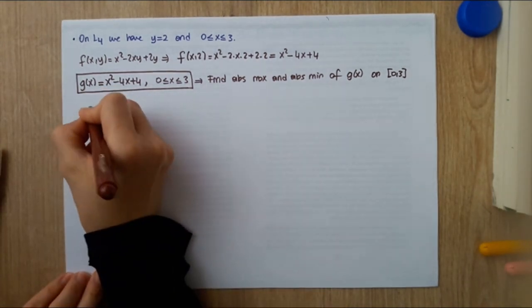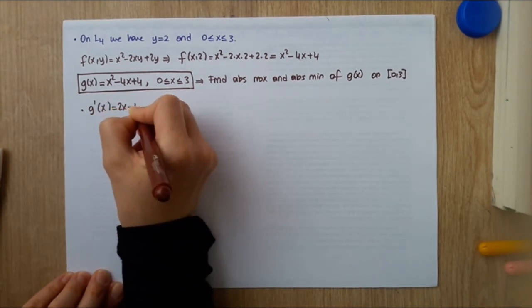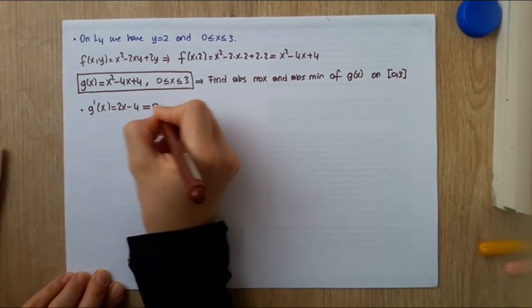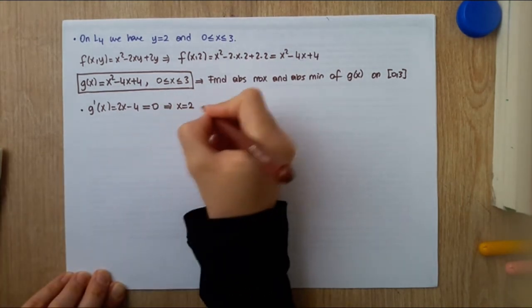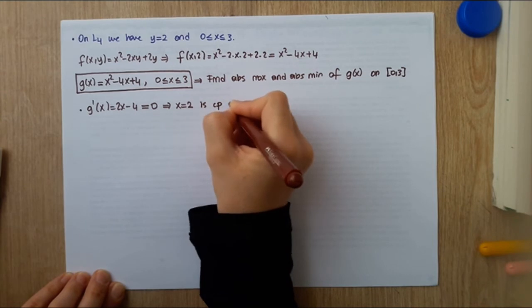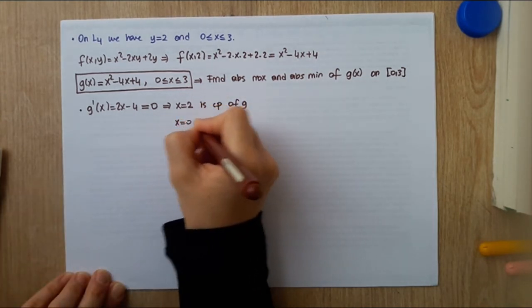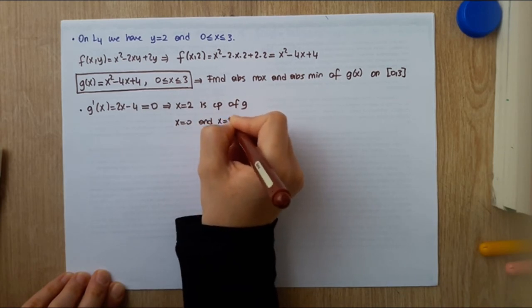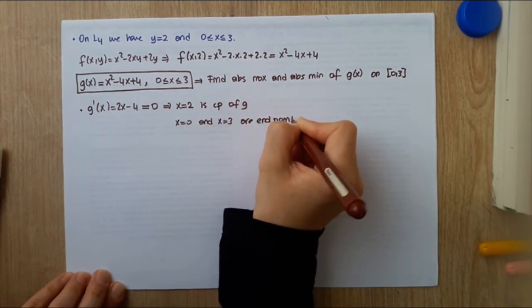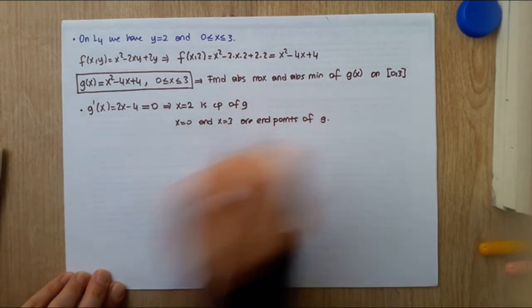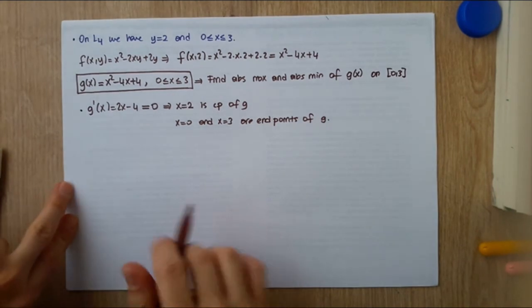So g prime of x is 2x minus 4. If you equate it to 0, then you will obtain x is 2, right? So this is the critical point of g, and x is 0 and x is 3 are the endpoints of g. So in the table, we should consider these 3 points also.